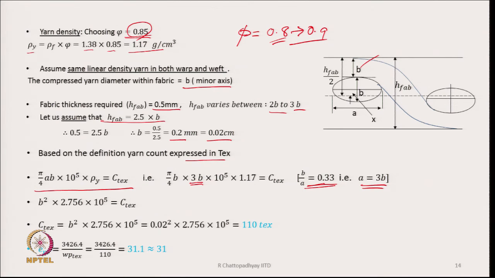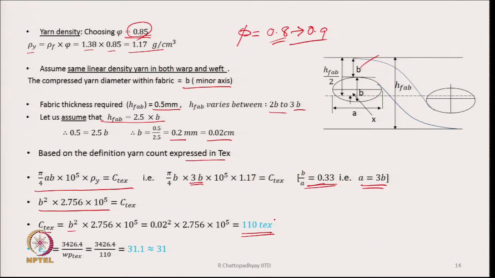So, maximum deformation is going to take place. With this, we can write that B square into 2.756 into 10 to the power 5 is the tex, and therefore, the tex value of the yarn is going to be this much, that gives you a value of 110 tex.